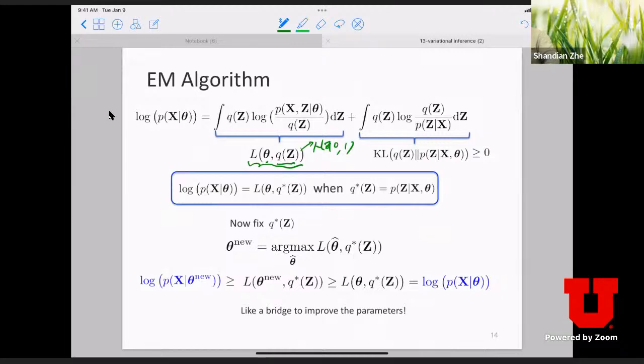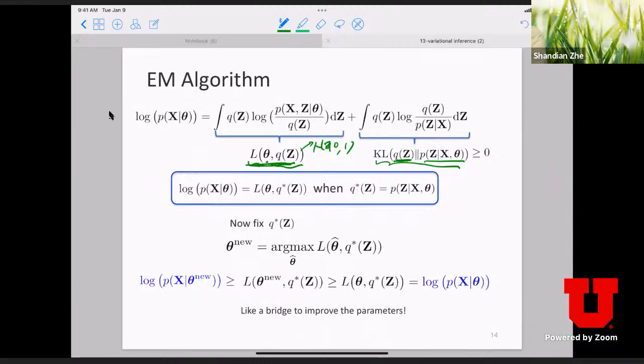Because the KL divergence is always non-negative, it's a property of KL divergence, that means this lower bound is always a lower bound. The log model evidence is always bigger than or equal to this L function. And we achieve equality only when our Q(z) is the same as the posterior of z given x and theta.